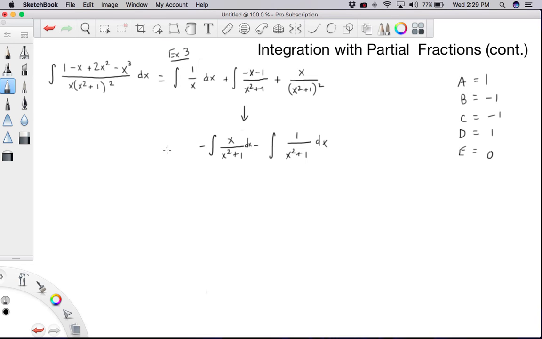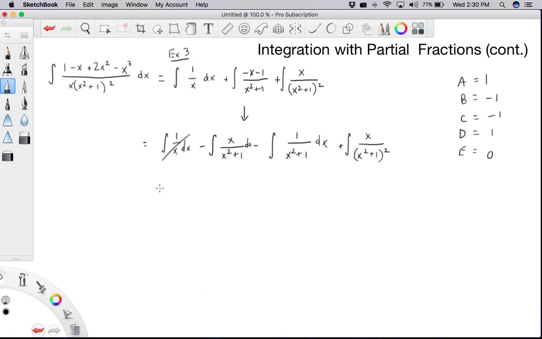And these should both have a dx. And then we have this one, and then we have this one. Okay, so let's start working on these four integrals here.